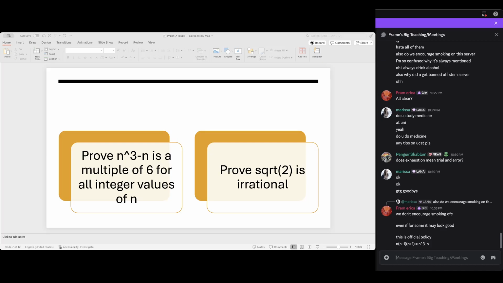Then we understand that there must be at least one that is even, and what does this mean?